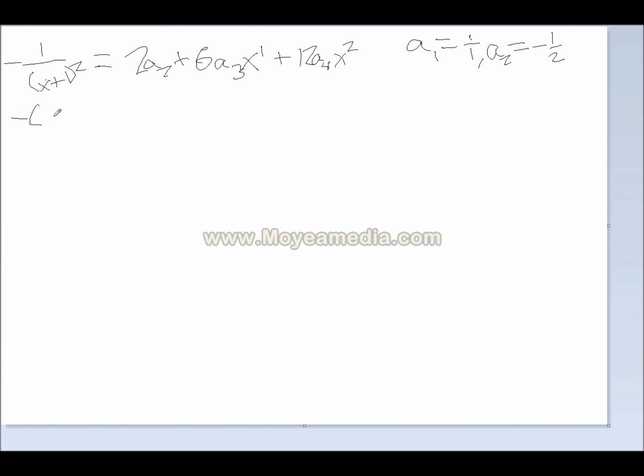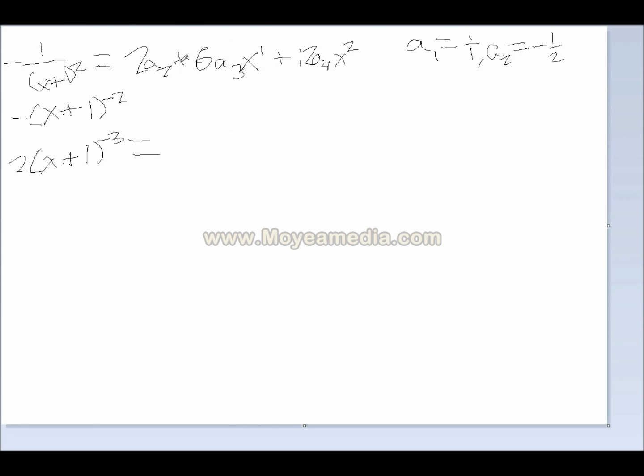This is the same as x plus 1 to the negative 2, which derives to, well, the negatives cancel out, and you get 2 times x plus 1 to the negative 3 equals, this cancels out, of course, because it's a constant.